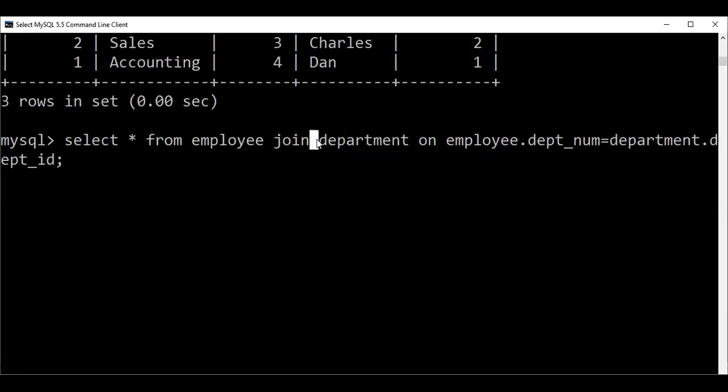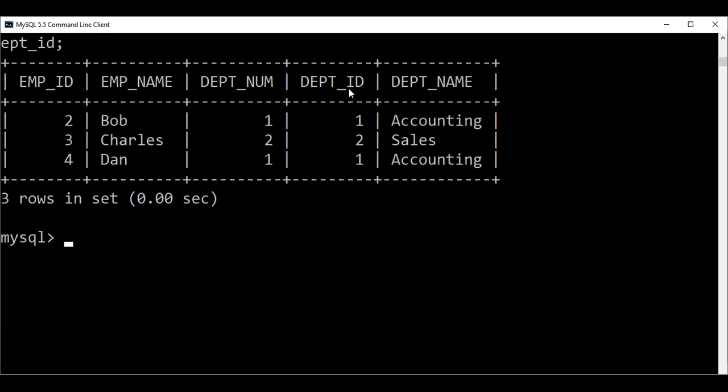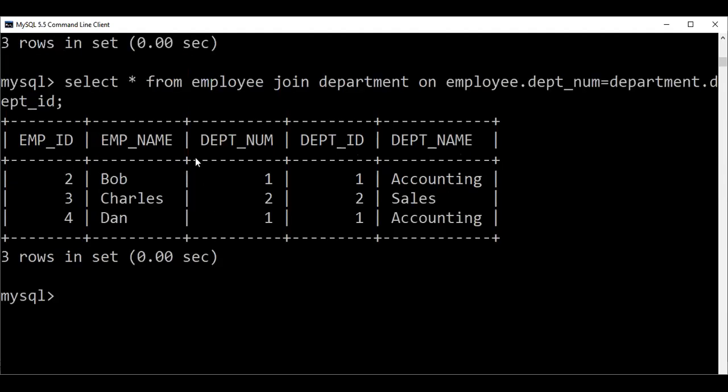So this is an equivalent operation. First it is giving the details of the employee, then the department. And this is not random information, this is actual information. Employee 1 is not assigned to any department, but the other 3 employees are assigned. So this is equivalent: select star from employee, inner join or simply join with the other relation, on each other.